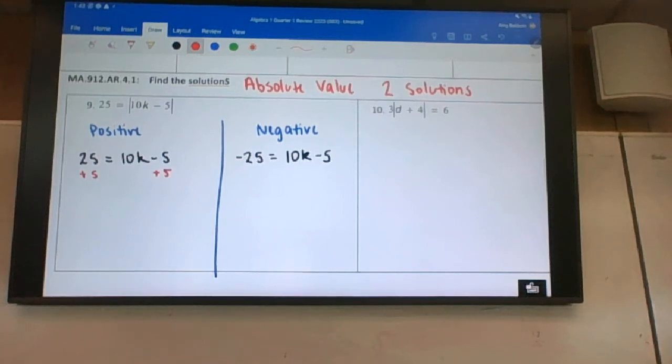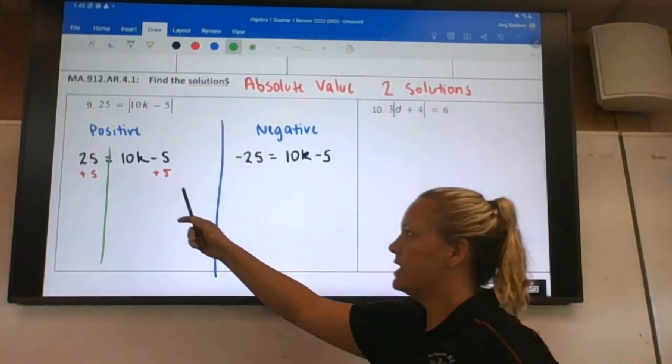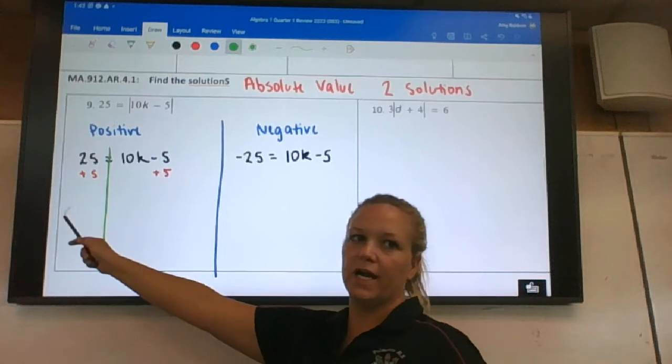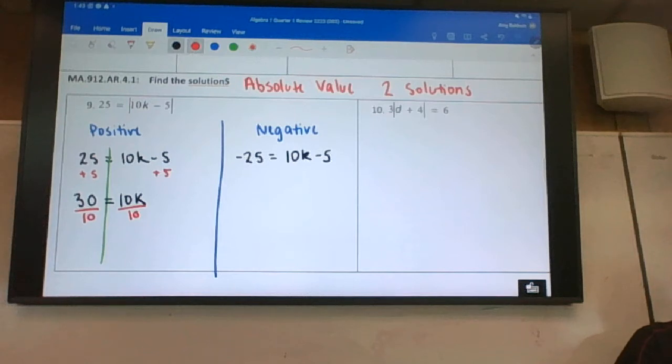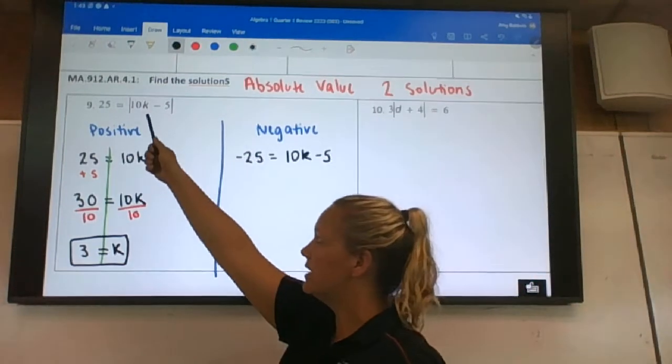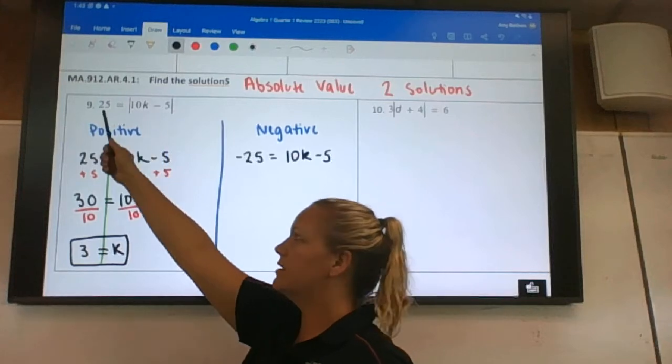And then you solve them doing moves across the equal line with opposite operation. So to get k alone here, I'm going to plus 5 and plus 5, and then divide 10 and divide 10. And there's one solution. If you plug 3 into here, the right side will equal the left side.